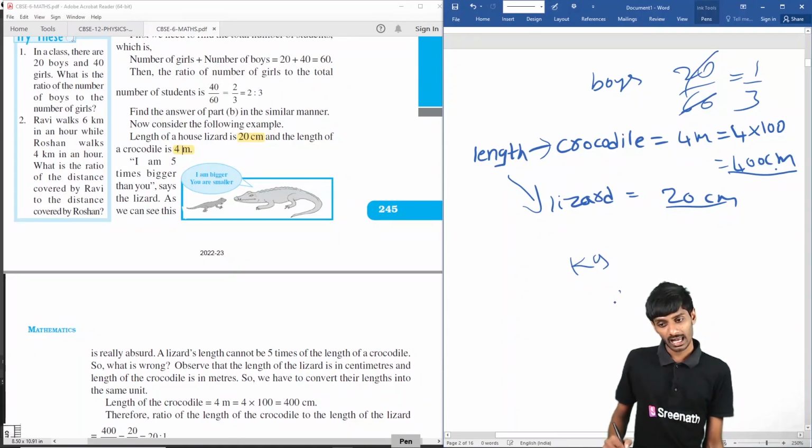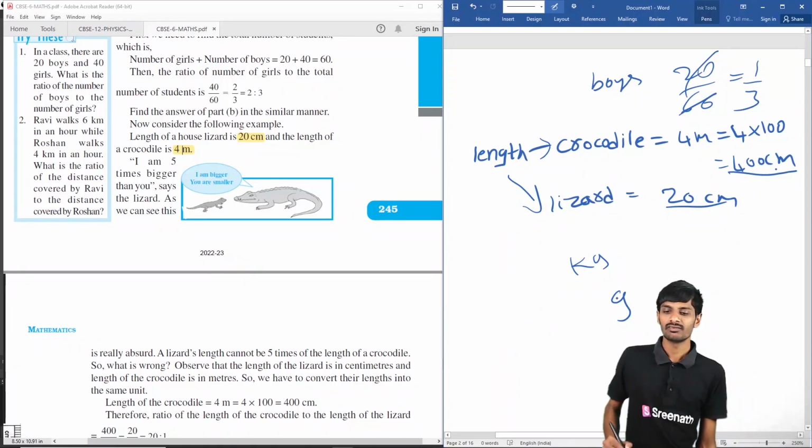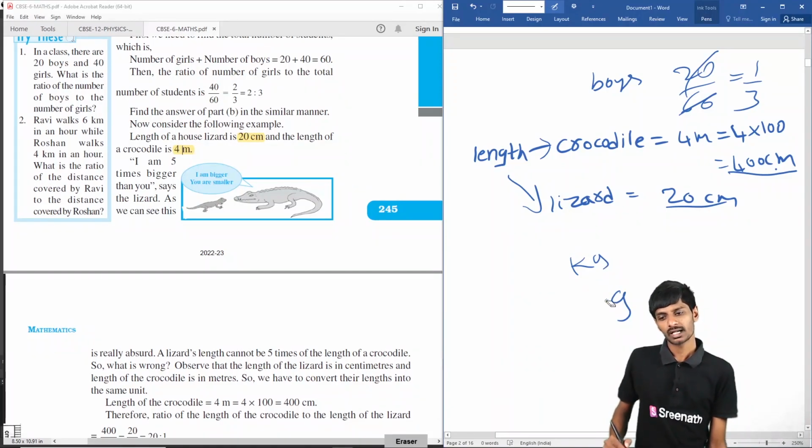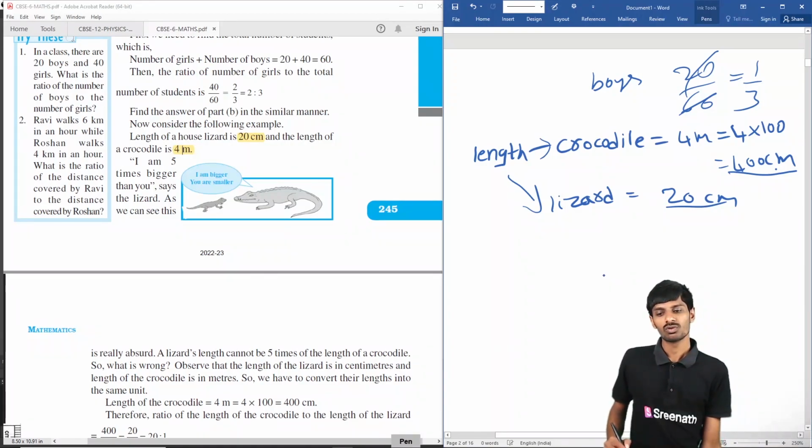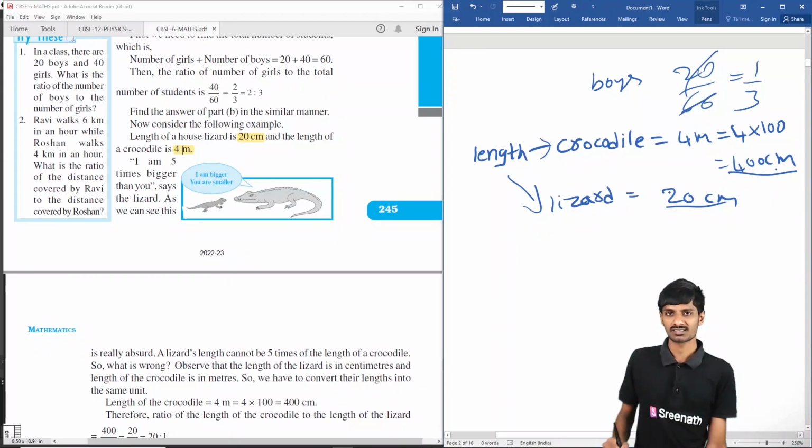But if one is in grams and the other is in kilograms, don't compare. First try to change them into the same unit. Like if it is kilograms and here it is grams, convert them, make this into kilograms, or make this into grams simply. So same unit is important, and next you can compare the numbers.